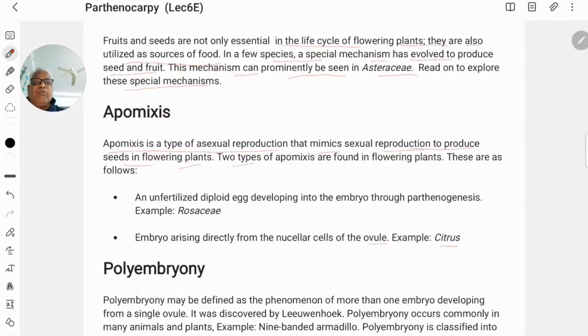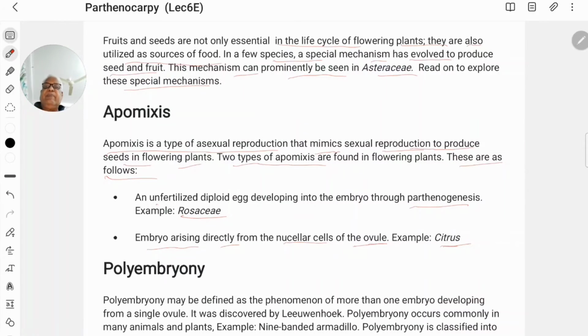Two types of apomixis are found in flowering plants. These are the following: an unfertilized diploid egg develops into an embryo through parthenogenesis, as in Rosaceae, and an embryo arising directly from nucellus cells, as developed in citrus. And what is polyembryony?